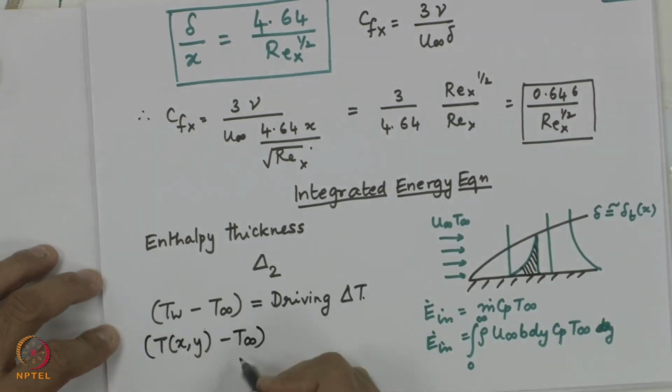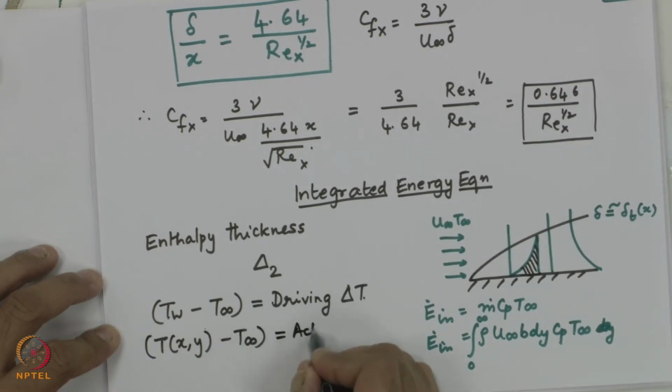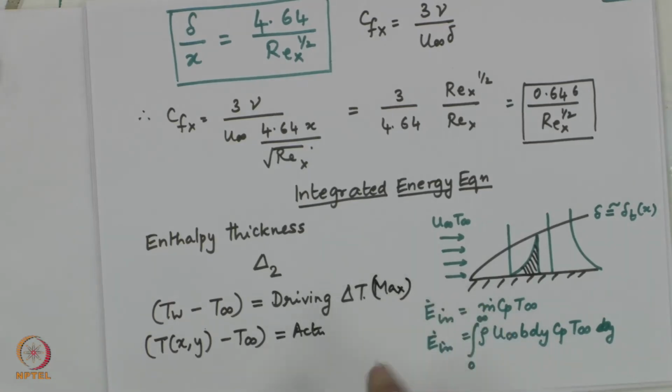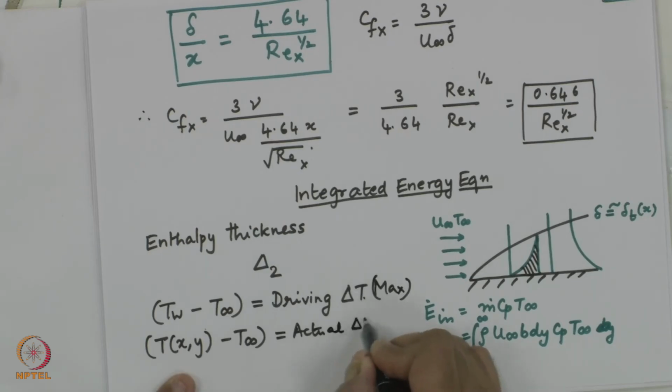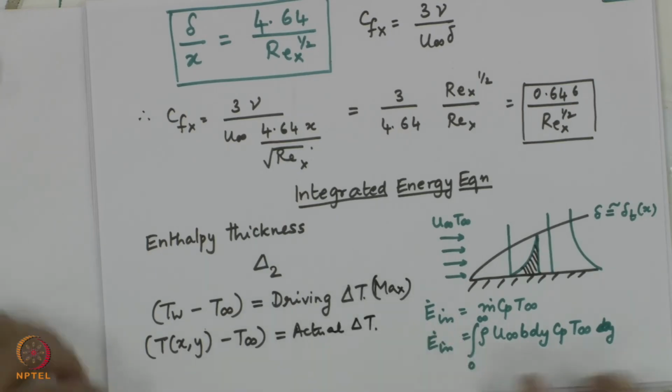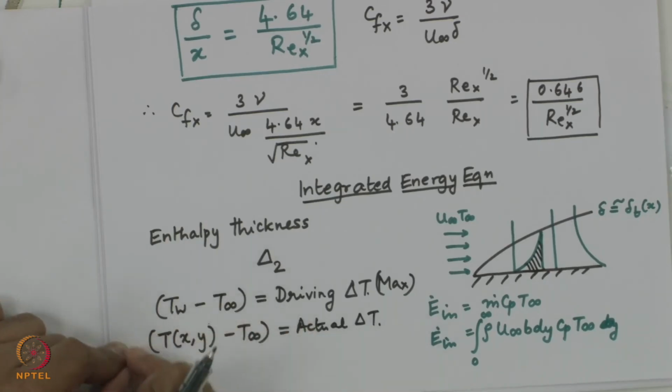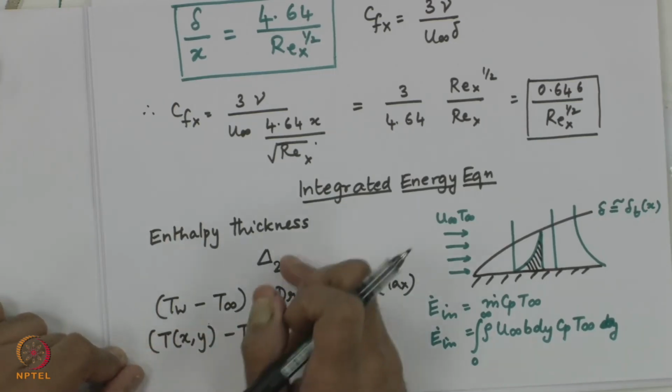It is T of x comma y minus T infinity. Is that right? This is actual. This is maximum temperature difference. Maximum driving temperature difference is this one. Obviously, the heat transfer in this case would be lower than what is maximum possible heat transfer, right? The enthalpy thickness physically accounts for this kind of a deficit, and I am just going to write the definition.